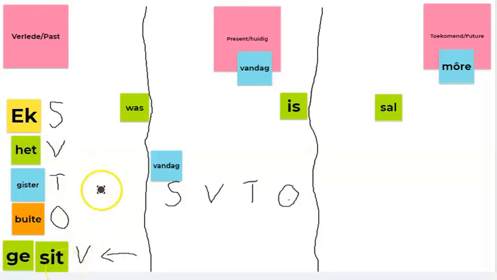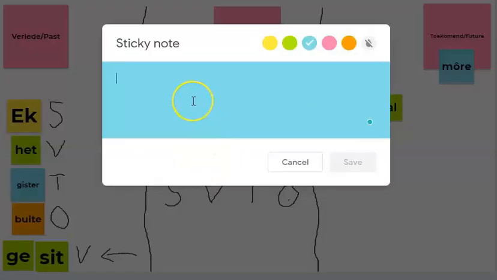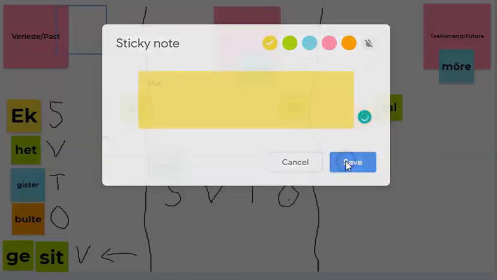All right. Good. So let's see if we can take another word like that. Perhaps that will make more sense if I quickly type another word. Remember I said you have is and was and sal. So I'm going to do one like that as well. Let's say I'm going to use the word Piet. And Piet is a subject, so it's yellow.